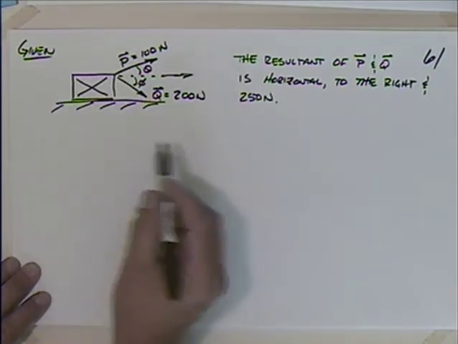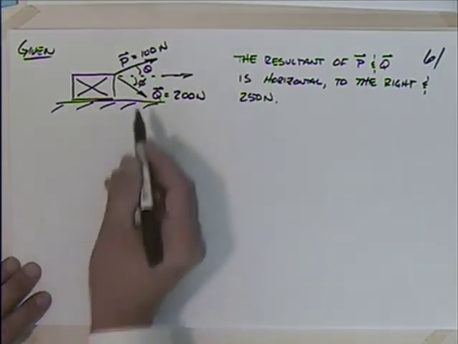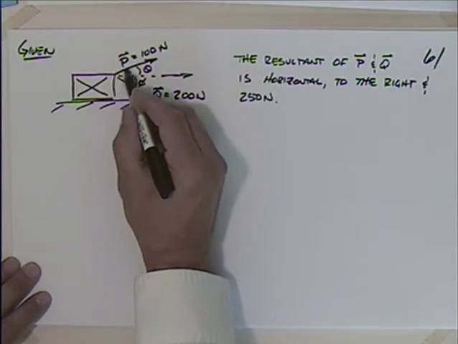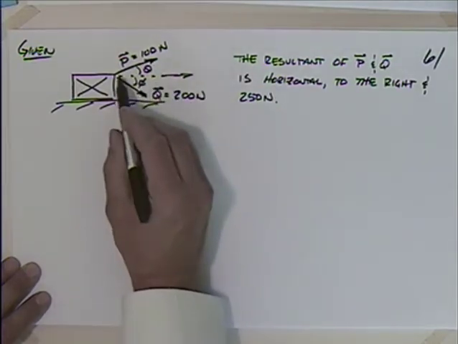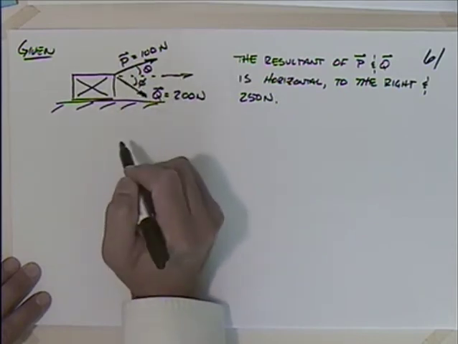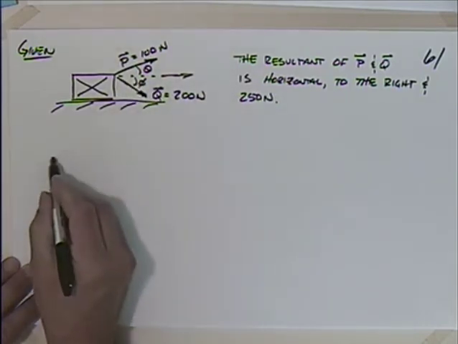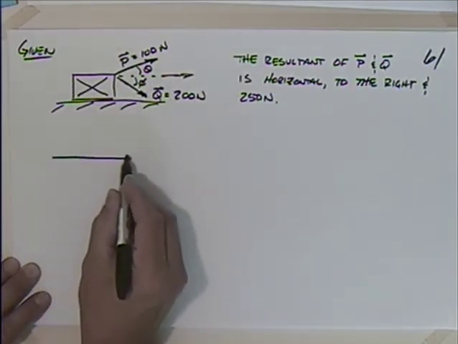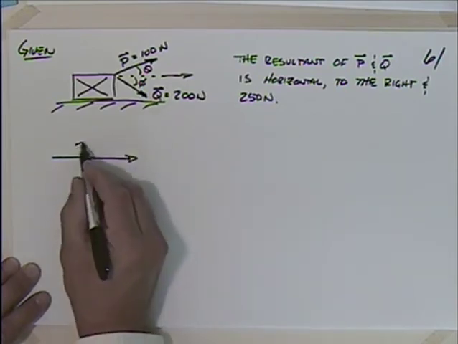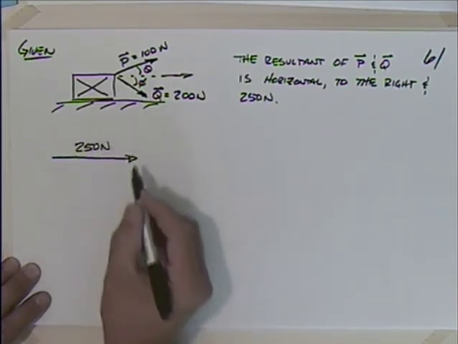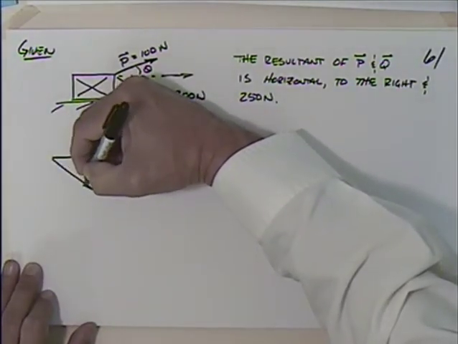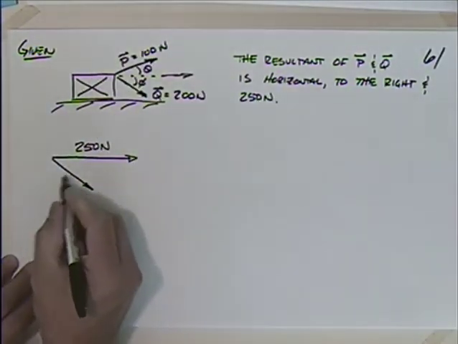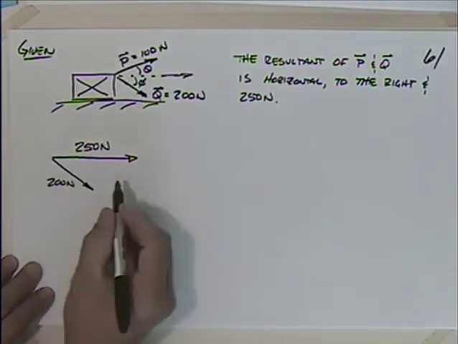A little sketch of what we have going on: we have this one added to this one, and they come up to that. So the answer is this horizontal at 250 newtons, and to get there we've taken the Q vector like this. There's Q at 200 newtons.